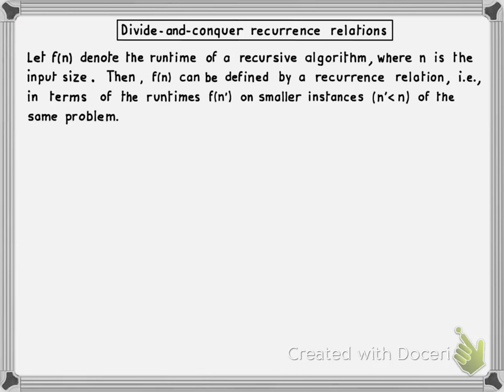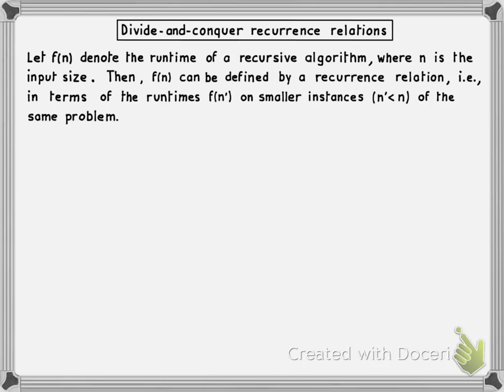So f of n is a function, but of course we can think of it as a sequence, right? a sub n or f of n is basically the same concept. And when we define the value of a sequence or a function in terms of smaller values of n, meaning previous terms in the sequence, then what we get is a recurrence relation.